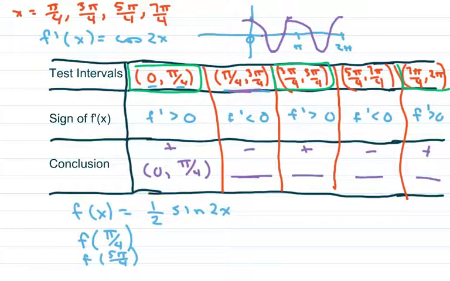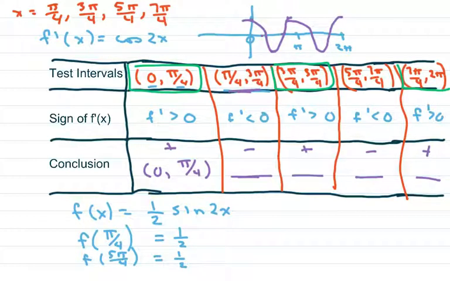When you plug that in, for pi over 4, you're going to get 1/2, and for 5 pi over 4, you get 1/2. So that's going to be your relative maximum.